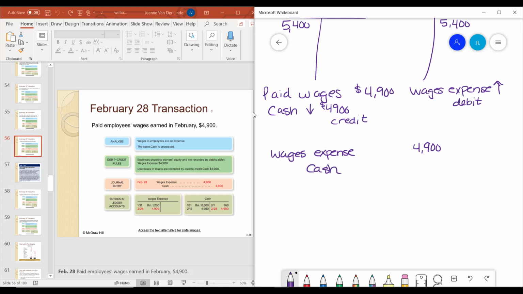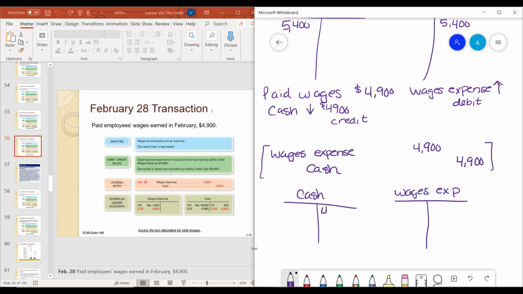We're going to credit cash for $4,900. Copy it once again over to our T accounts. Cash is being credited on the right-hand side, wages expense being debited on the left-hand side there.